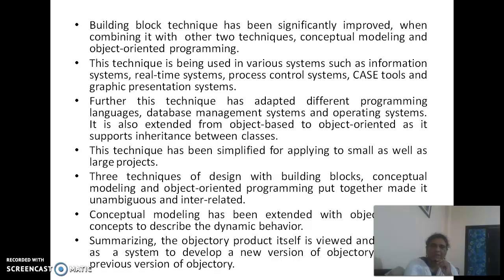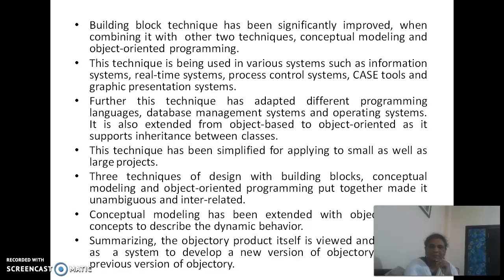Further, this technique has adapted to different programming languages, database management systems, and also operating systems. It has also been extended from object-based to object-oriented as it supports inheritance between classes. So this technique has been simplified for applying to small as well as large products.